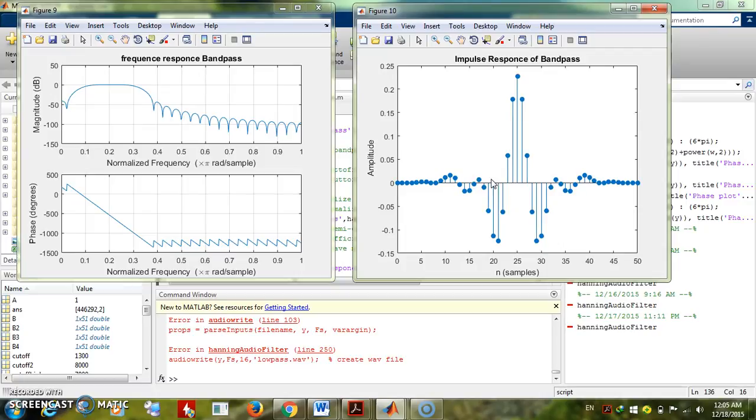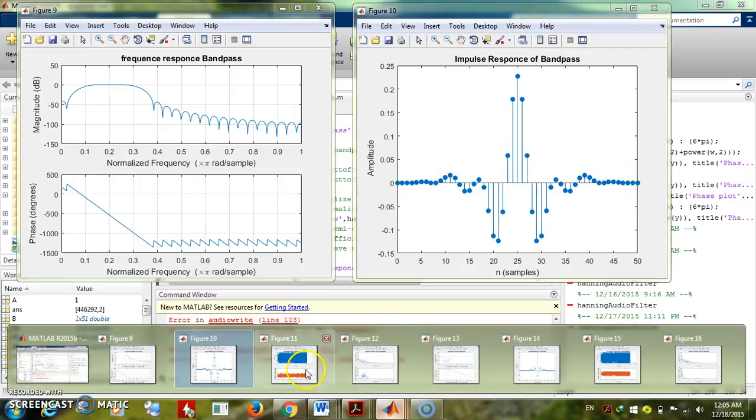For those frequencies in the range of the cutoff frequency, they will be passed, and for those out of range, they will be reduced. It can be seen clearly that for those out of range, it is near to zero, and for those in the range, it has higher amplitude than the others.